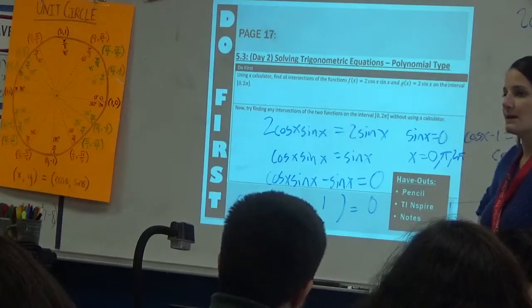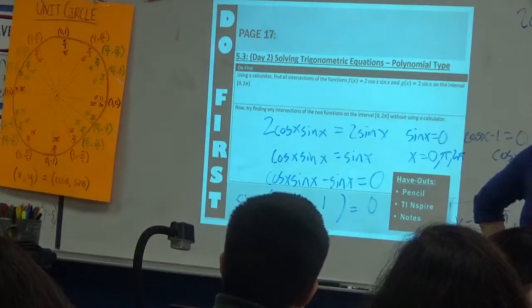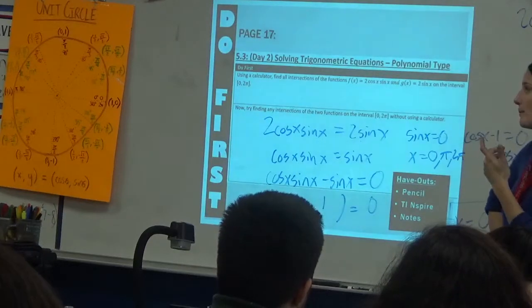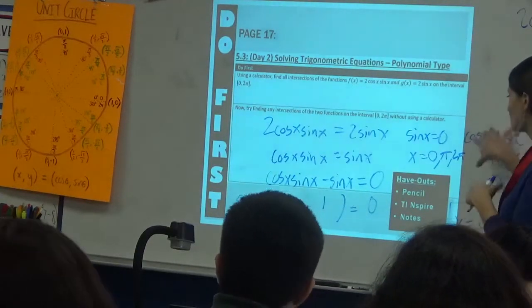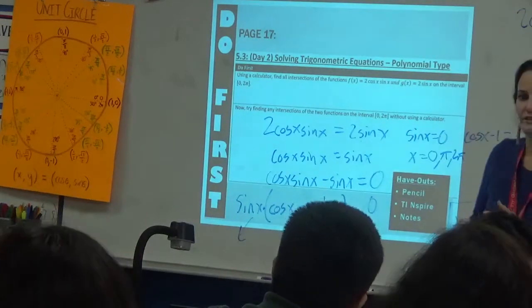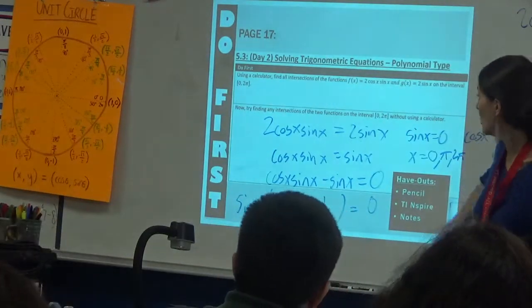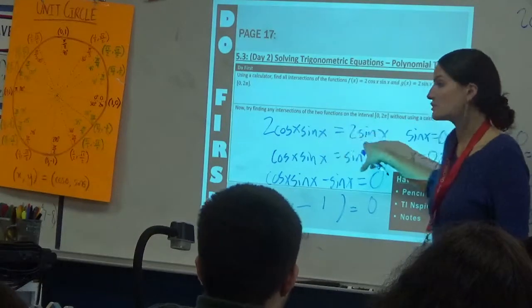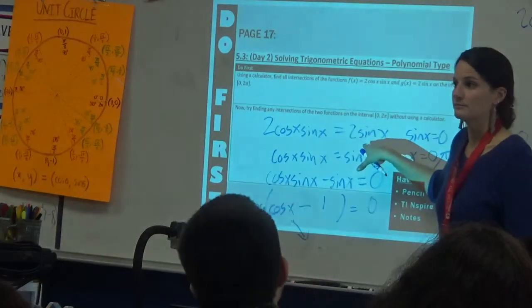Now when you divided by sine, or that strategy we were talking about before, we get that cosine equals 1, you get this piece, but we don't account for the fact that sine could also be 0, and if sine was 0, these would also be equivalent, right?